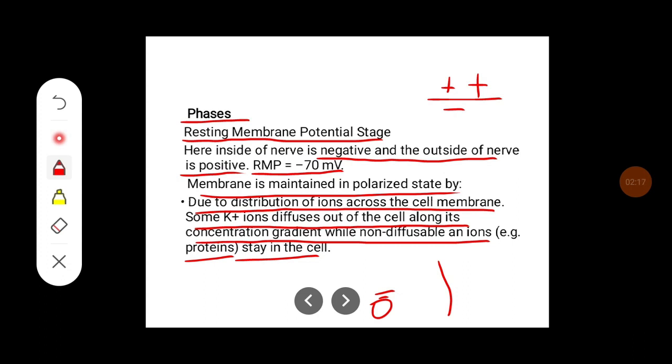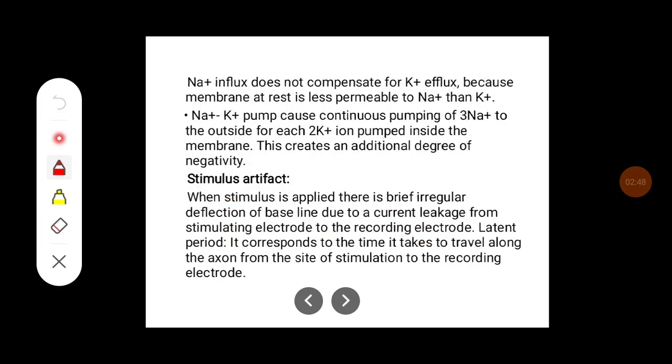We know that potassium concentration is high inside, and it tries to move out of the cell, and at the same time sodium concentration is high outside, and it tries to move inside the cell. And the permeability for potassium is high, so sodium cannot compensate for that. So the negativity inside will be more because of the potassium efflux.